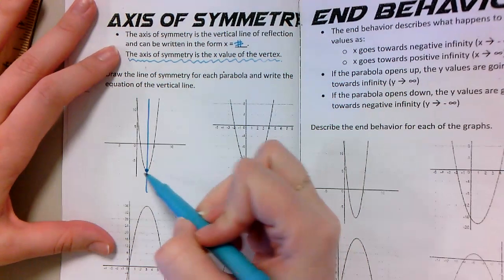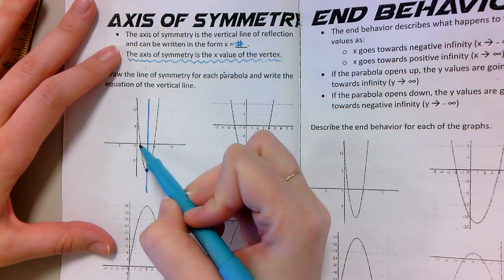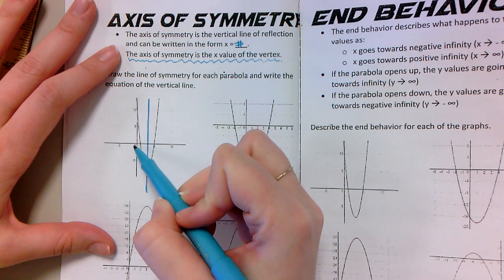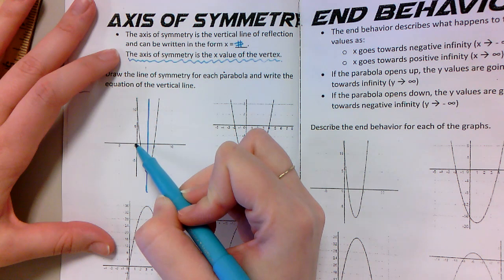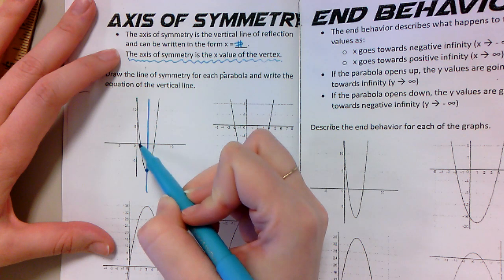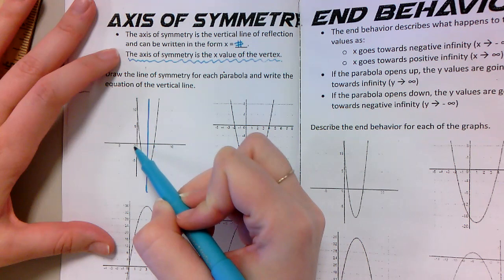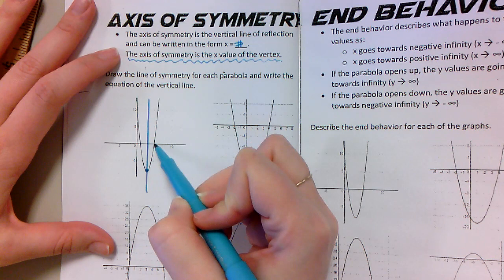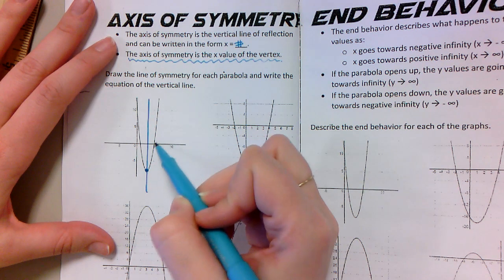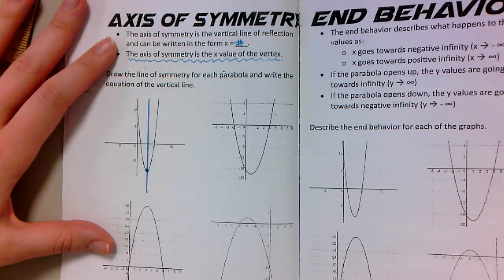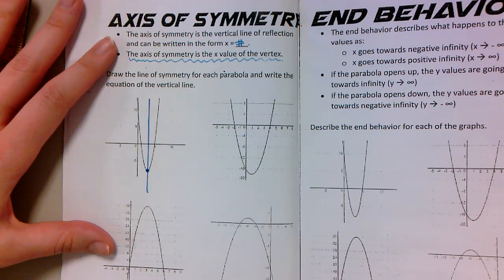So if you end up graphing and you know this is your vertex, and you know this point is 1, 1, then this point is going to be 1 over and 1 up from the middle as well. Whatever happens on this side happens on this side as well. It's not going to be in a crazy different spot.